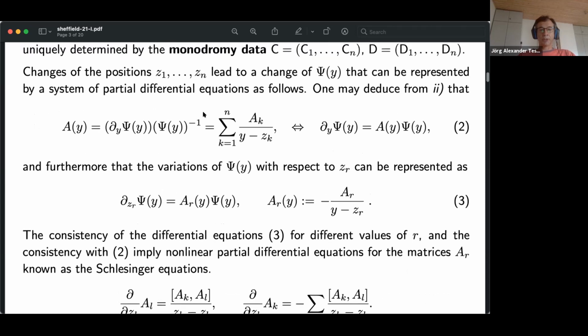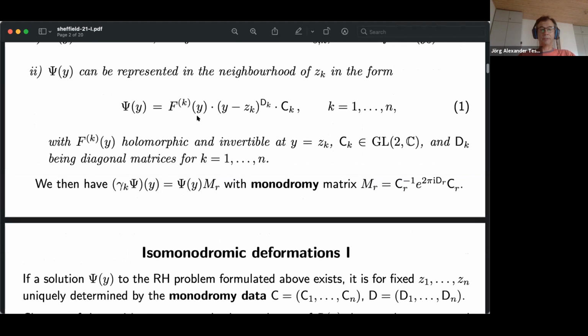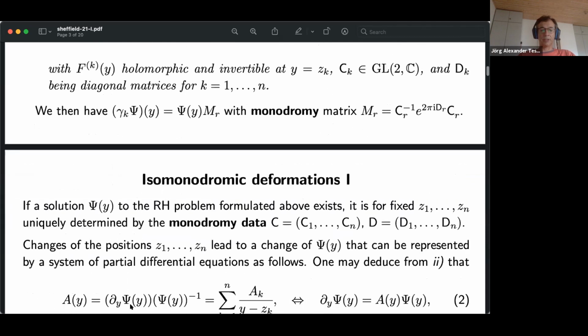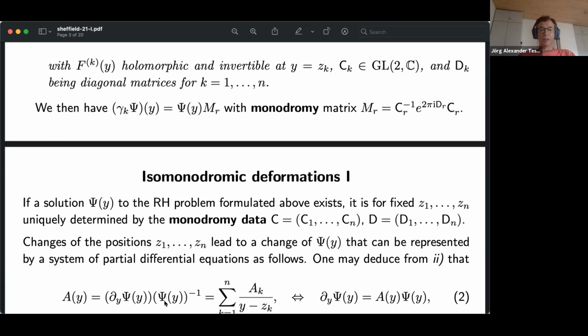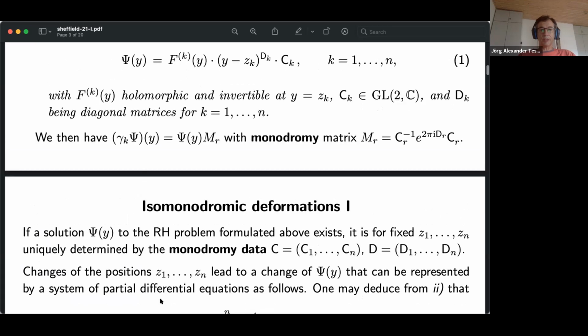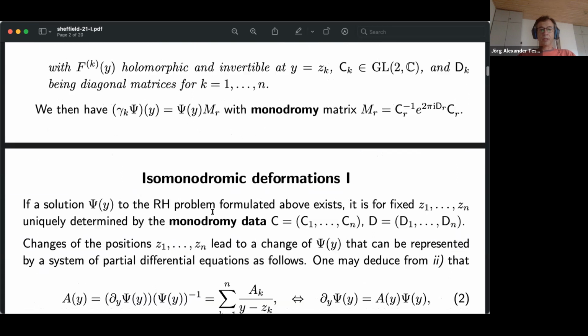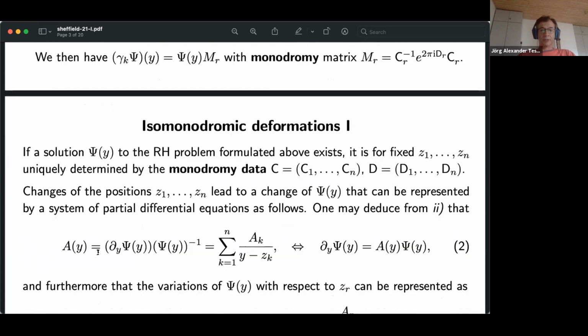And if you look at this specification of the leading asymptotic behavior, you can simply analyze what happens when you form this combination. If you have y in the vicinity of zk, you can determine from this that the behavior this matrix A of y can have at one of these marked points can at most be a simple pole like that. And by the assumptions on analyticity, everywhere else it has to be analytic.